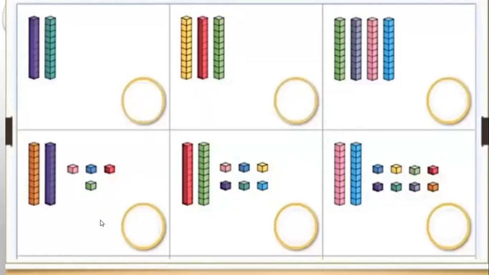Okay, boys, so I'm going to write here in the box 20.